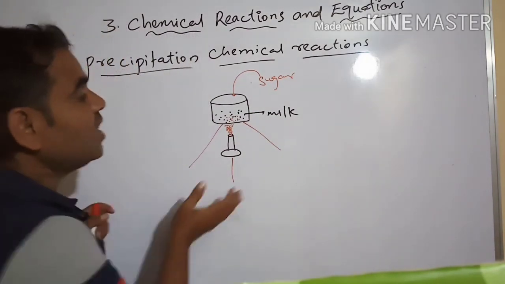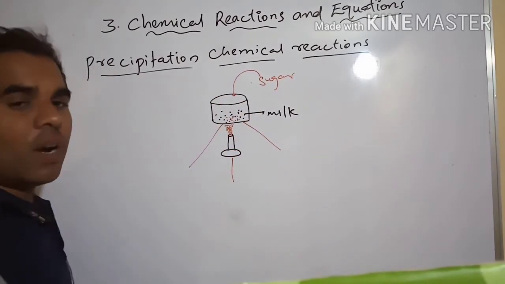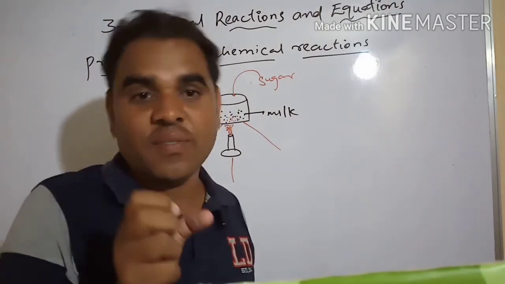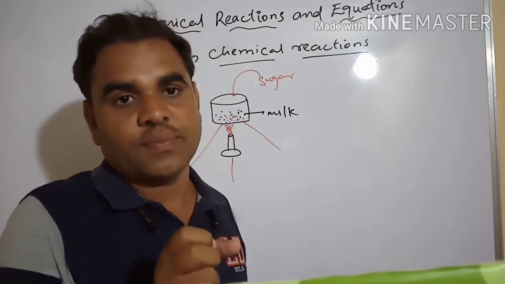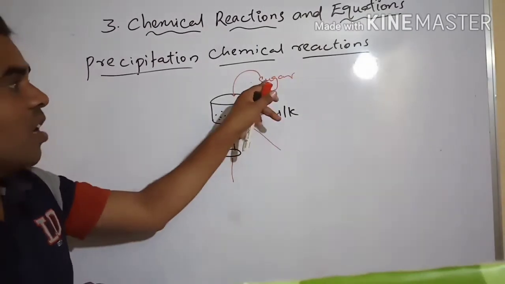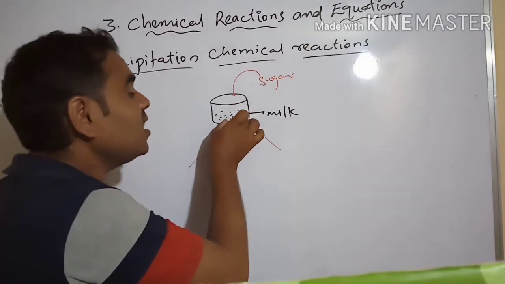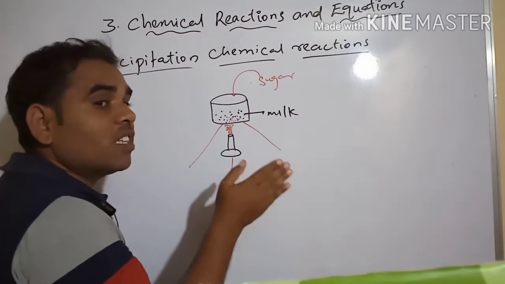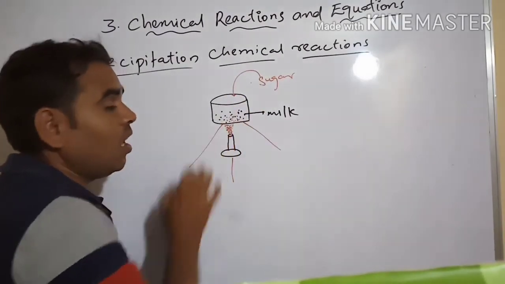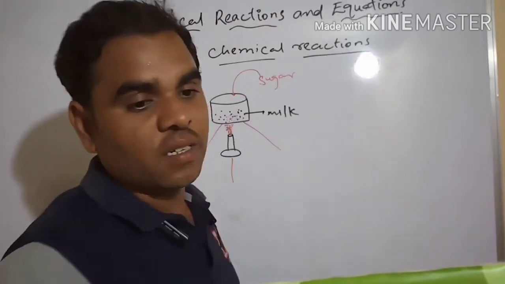If we apply more heat, what will happen? Kinetic energy is generated in that solution. Here the solvent is milk and the solute is sugar. The crystals break down, the molecules spread all through the milk.